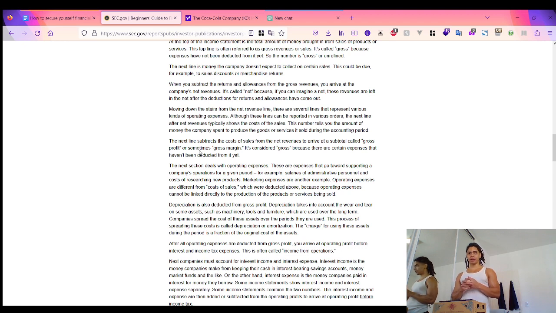So most of the time, when you talk about gross margin or gross profit, it is because the cost of producing that good or service has been deducted from the total net revenue. And the net revenue is deducted from gross revenue.